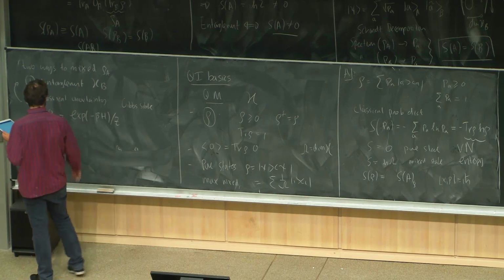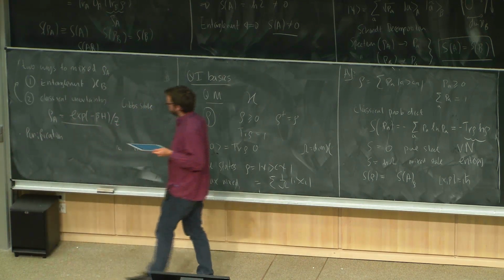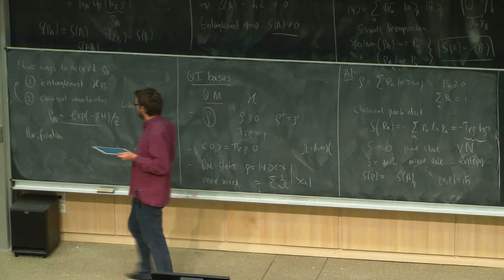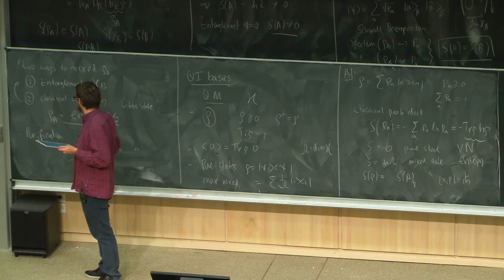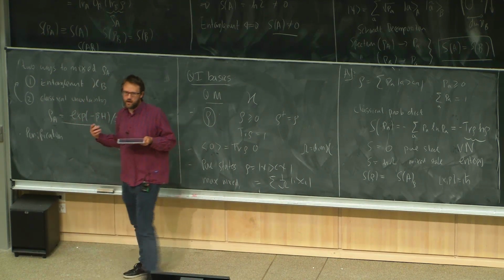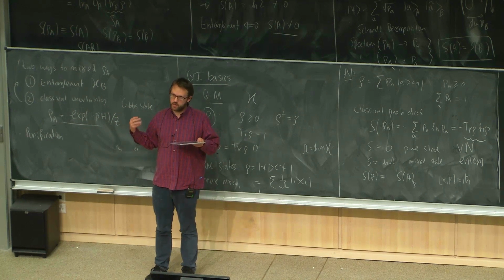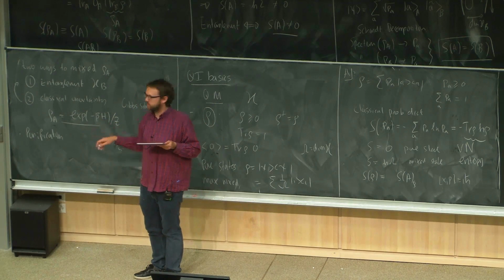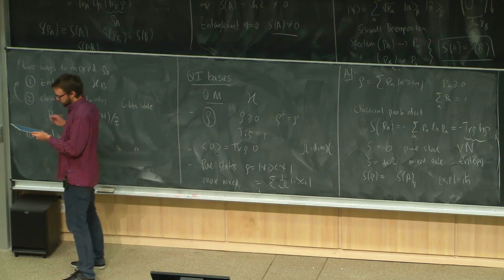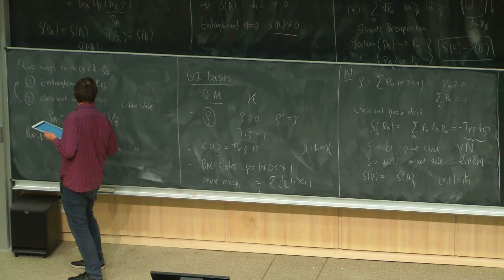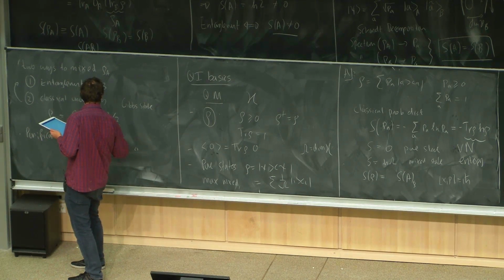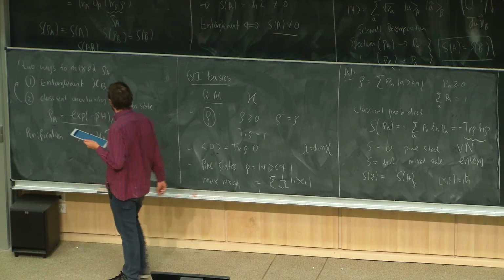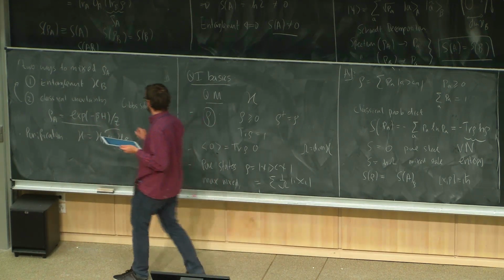So given some density matrix rho A, the question is, how do I purify it? It depends on the specific density matrix, but you can always purify it in at most a Hilbert space which is the same size as the original Hilbert space. I'll call that a reference Hilbert space. So let's take H to be H_A tensor some reference, where this has the same dimensionality as H_A.